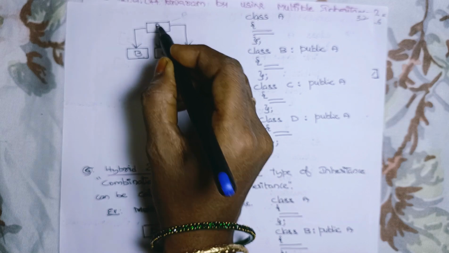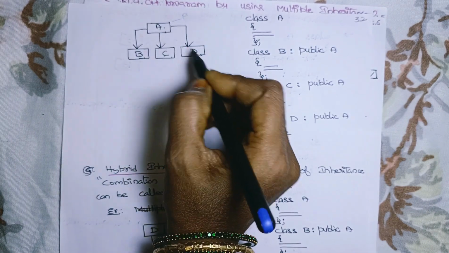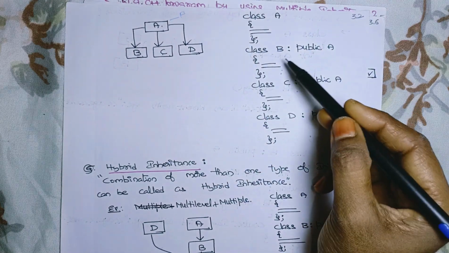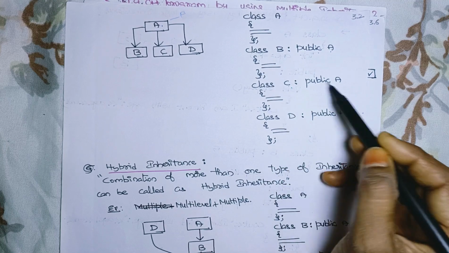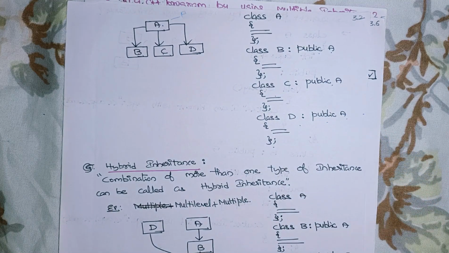Now class B can share A properties, class C can share A properties, class D can share the A properties. Class A I have written. Next class B shares the A properties, class C shares the A properties, class D shares the A properties, and so on.